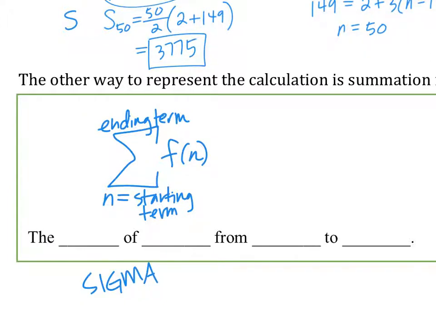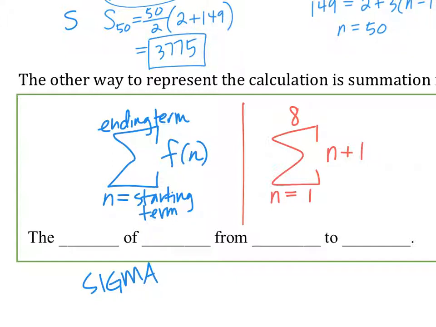Okay, let me give you an example. Let's say that you see something like this. Sum of n plus 1. So n plus 1 is my explicit formula. Start from term number 1 and go up to term number 8.